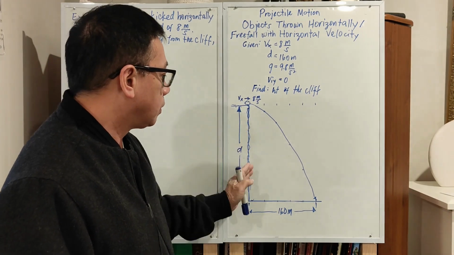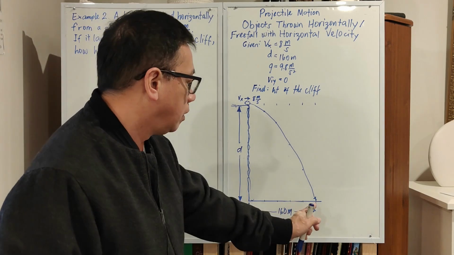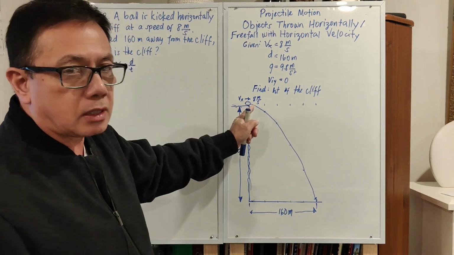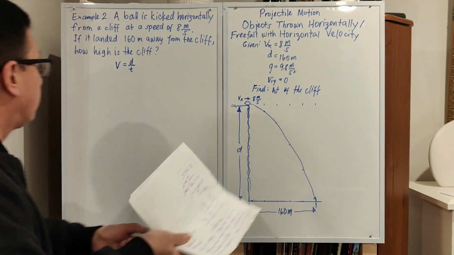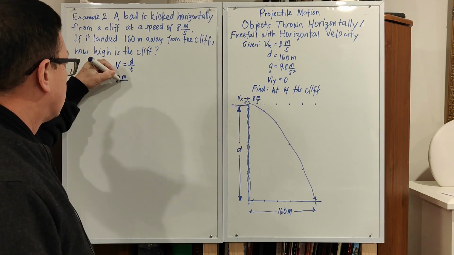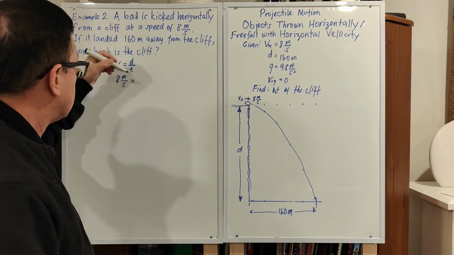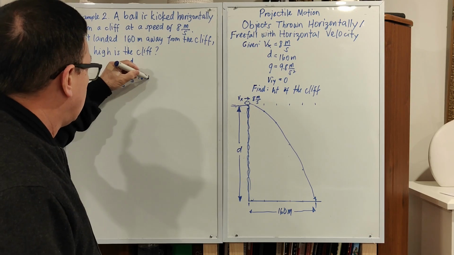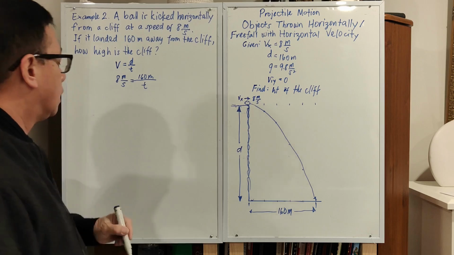So we can just compute the time that it traveled from here to here. Because it is a constant velocity and we have the distance, we can compute for the time. So velocity is constant at 8 meters per second horizontally. The distance is 160 meters and the time is unknown yet.